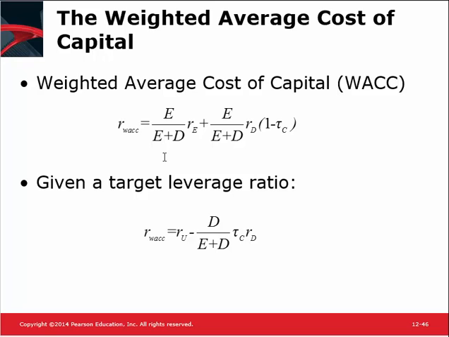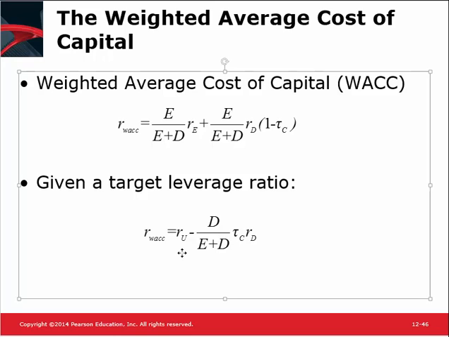When you add taxes, the weighted average cost of capital, the debt factor, is influenced by taxes since debt is tax deductible. So if you have a target leverage ratio, a target amount of debt that you want, you take the R sub U, the formula from before, that weighted equity not taking into account taxes, and then you subtract from it the relative cost of debt.